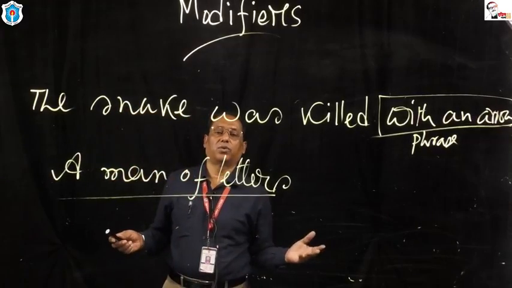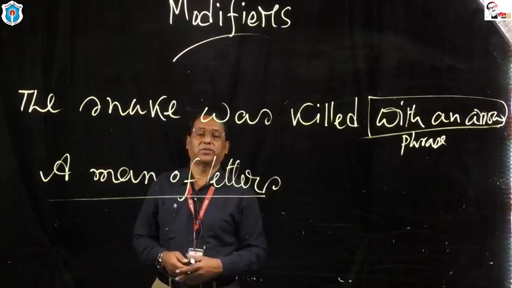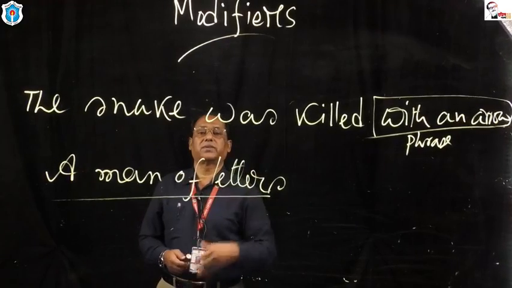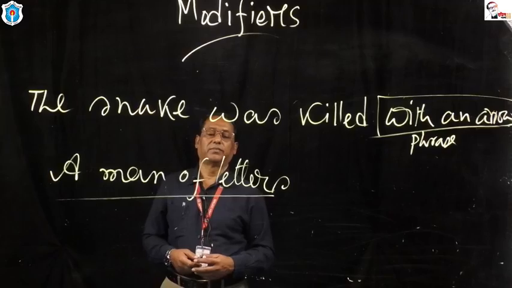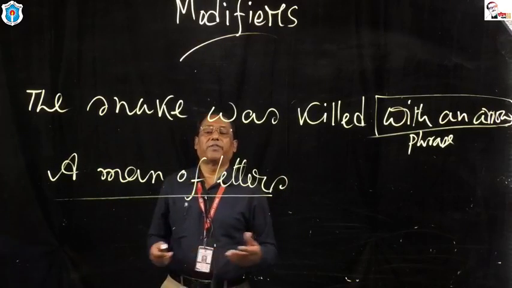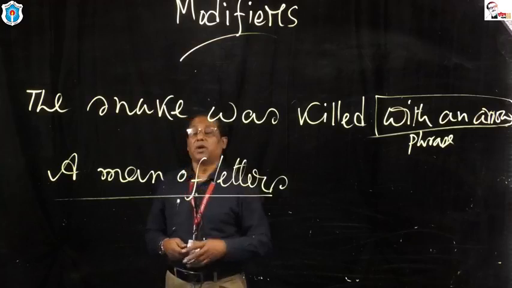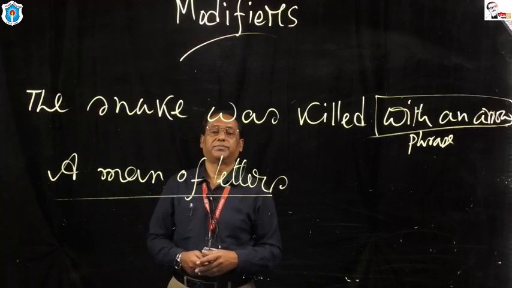What is a clause? A clause is a part of a sentence which contains a subject and a finite verb. Now, what are the similarities between a phrase and a clause?